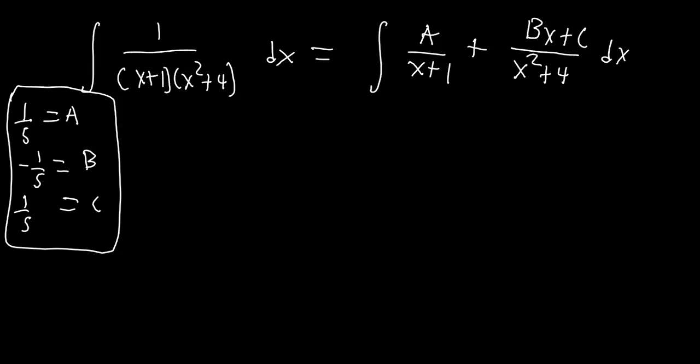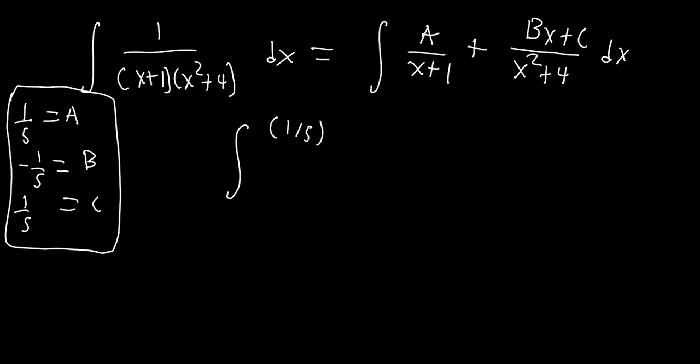So if you've already tried this integral by yourself and found all the A, B, C values, now we're going to solve it and see what the correct answer is. As I'm sure you probably did, you can just plug the A value back in first.